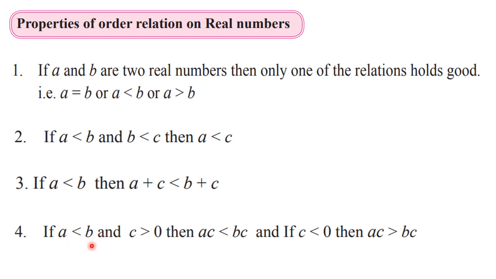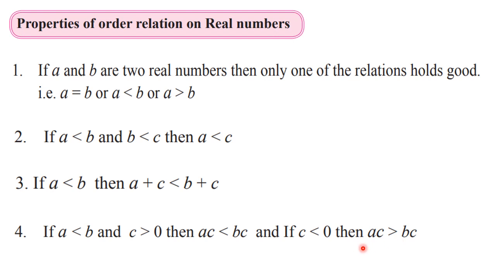A into C is less than B into C. When C is positive, the sign does not change. But if this third number C is negative, less than 0, then this middle sign is going to reverse. You can observe here, it remained the same, but here it got reversed.